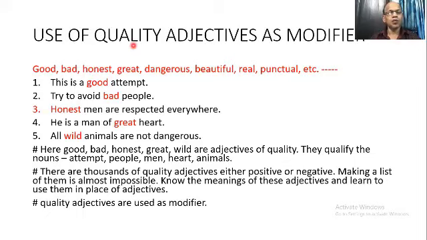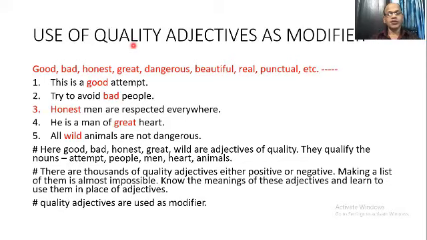All wild animals are not dangerous. Wild is an adjective, it modifies the noun animals. So dear student, here good, bad, honest, great, wild are adjectives of quality. They qualify the nouns attempt, people, man, heart, animals.